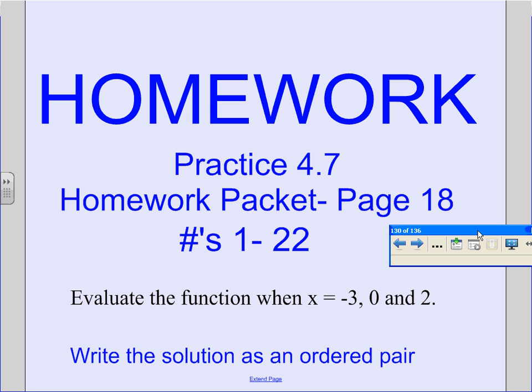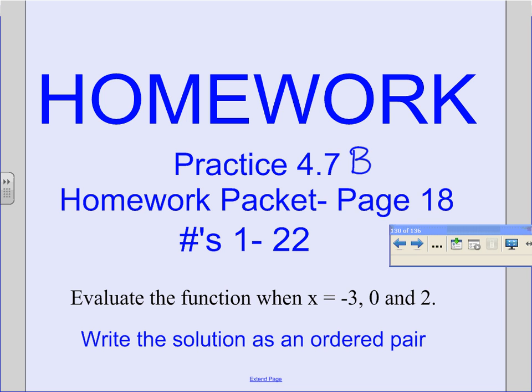So page 18, at the top it should say practice 4.7b. Okay, so when you're there, I'd like you to take a look at it. You are going to need another piece of paper for this. Do not get up yet, but in a minute you can.